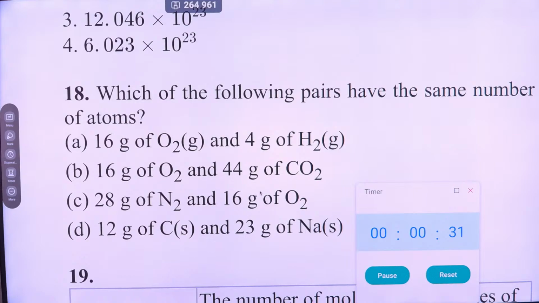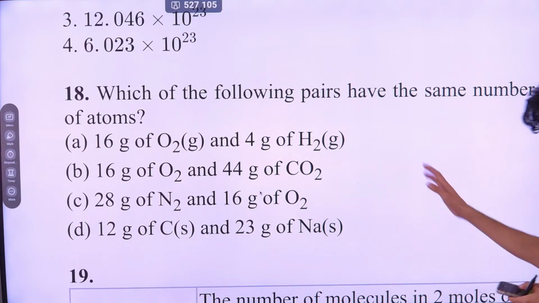Only 30 seconds have been left, okay. I'll give just 40 seconds for this question. This is not that hard. Same number of atoms, okay. This is not a great question, okay.